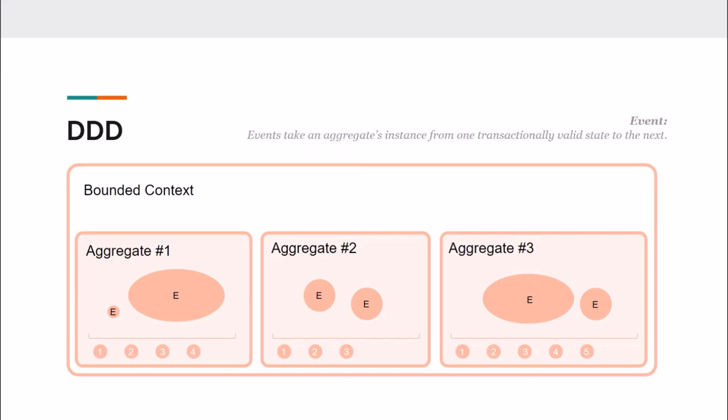And so in DDD for event sourcing, you store the events at the aggregate level because they relate to business transactions. Event data may therefore apply to several entities within an aggregate, but the contract is that events leave the aggregate in a transactionally consistent and valid state after being applied. So you have no validating transactions that span events.